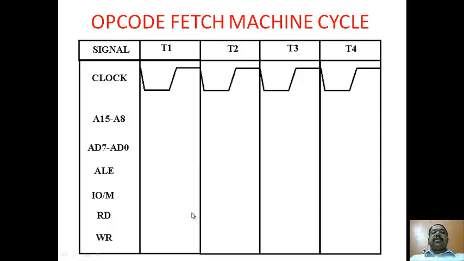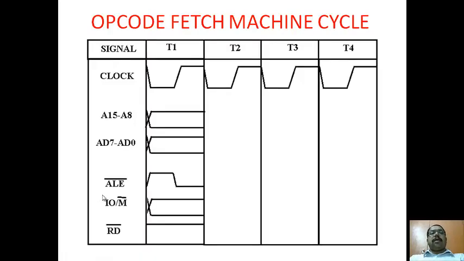Then whether it is write or read, in case of opcode fetch it is only read. You are going to read from the memory, so write signal is not required, and IO bar M is your control signal which we have seen in the previous slide. So first, as I had told, for the first clock pulse, both higher order and lower order will tell about the address.